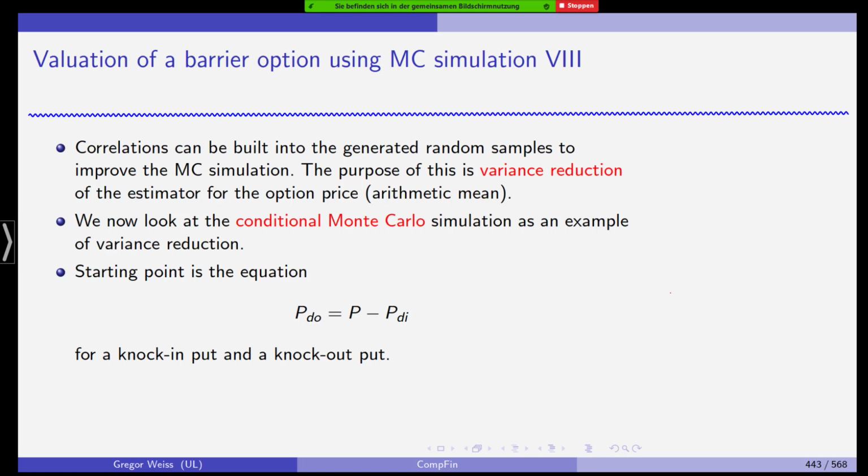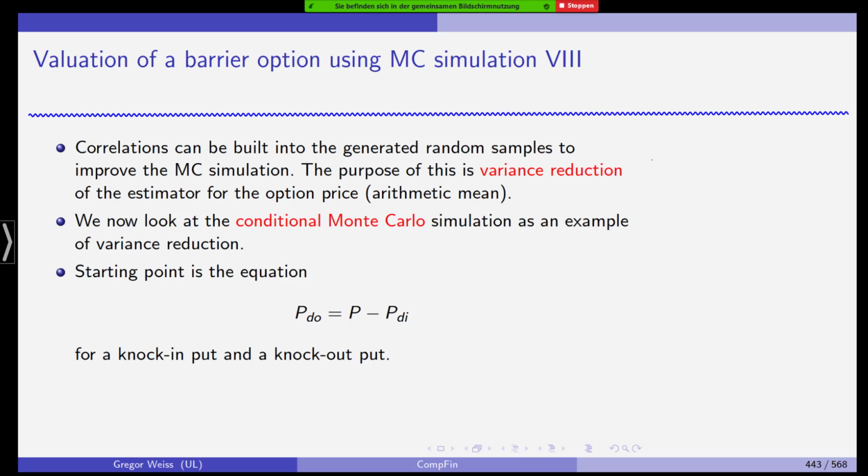Now we wanted to improve on our last algorithm for Monte Carlo simulation by incorporating correlations and by incorporating additional information on our underlying and our derivative. What we are trying to achieve in the end is a variance reduction of the estimator, because we are estimating the option price, which is the mean of all our simulated option payoffs.